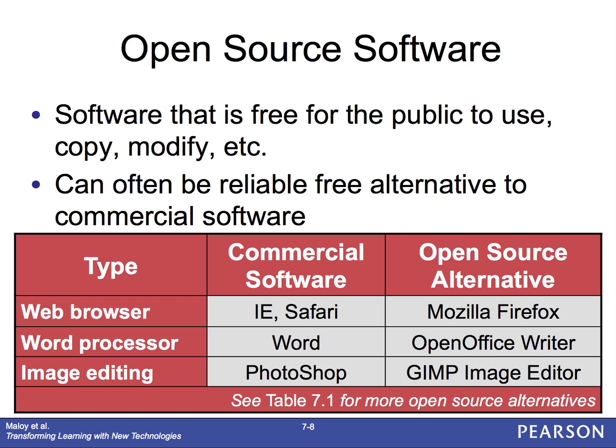That may not be true with all software. Word is much superior to the free OpenOffice Writer, but OpenOffice Writer and other things like that work and can get you through in a pinch. Special software for image editing would be Photoshop. And there are a ton of image editors out there now on the web, and certainly tons of apps for image editing.